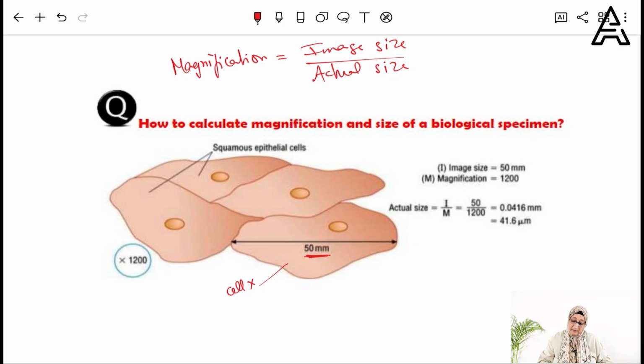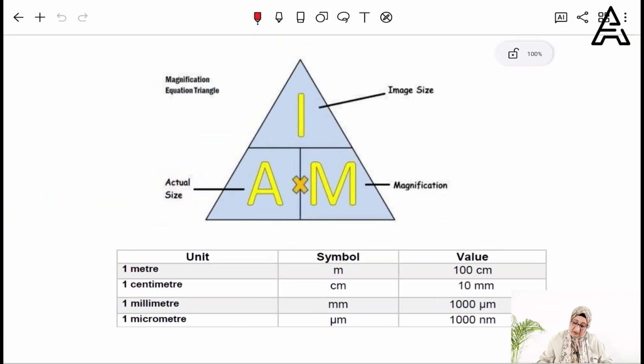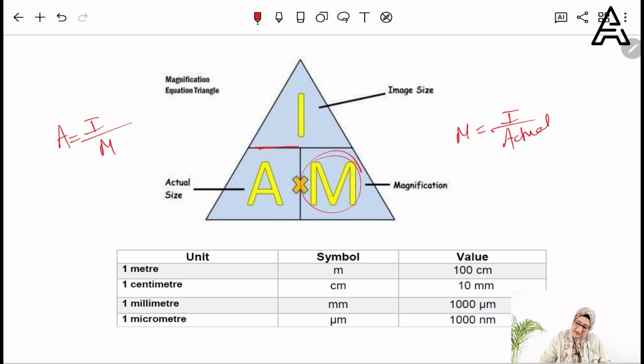Okay? طيب يبقى احنا we put here a rule اسمها the I am rule. ال I فوق ال A and then the M. يبقى calculating, if I want to calculate the actual equals ال A equals image over magnification. طب أنا مش عاوز الأكتوال، أنا عاوز magnification. M equals I over A. يبقى المagnification image divided actual size.